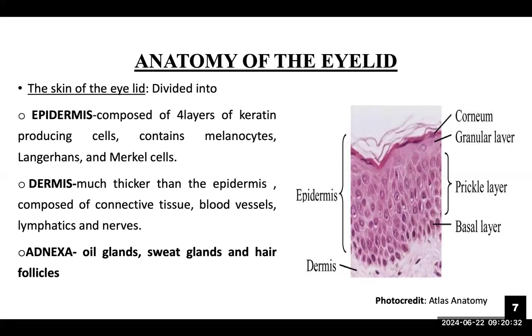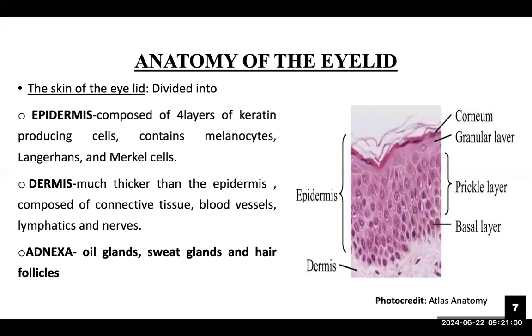The 4 layers of the epidermis are, the most superficial is the stratum corneum, and underneath that is the stratum granulosum, or the granular cell layer. Then the thickest portion is the stratum spinosum, which is also known as the prickle cell layer, and the layer closest to the dermis is the stratum basalis.